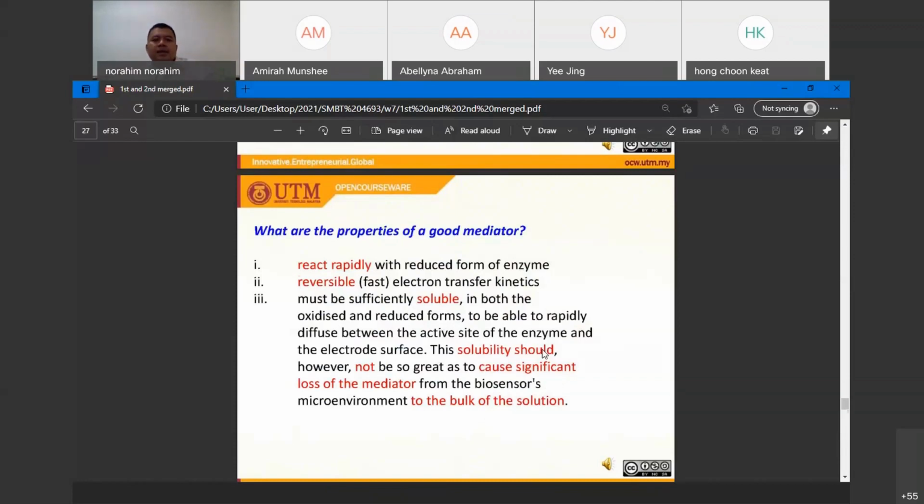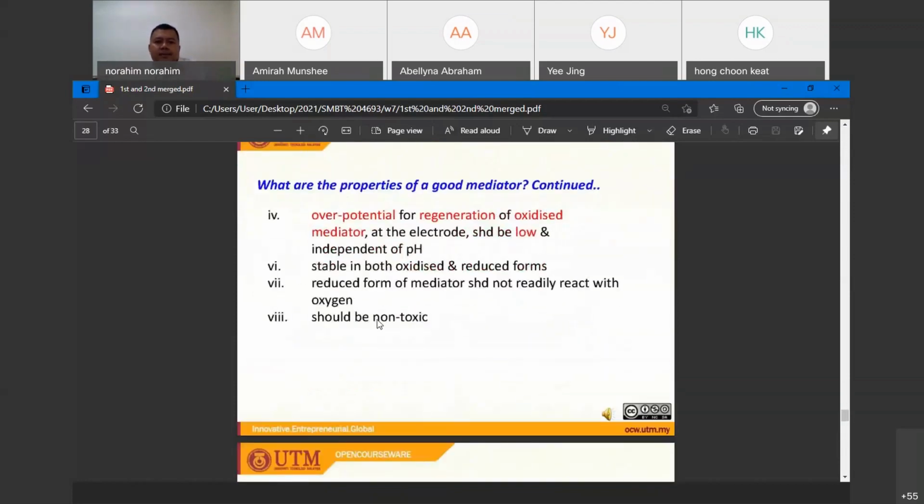Okay. Then other properties are that the overpotential for regeneration of the oxidized mediator at the electrode should be low, and independence of pH. Then your mediator should be stable in both oxidized and reduced form. The reduced form of the mediator should not readily react with oxygen, because normally in the system you will have oxygen interference.